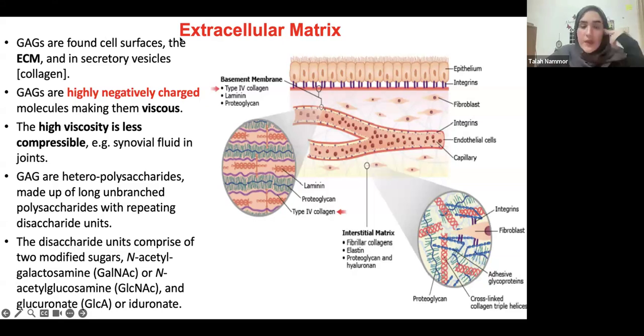They're highly negatively charged. What is the difference between amylase and amylose? Amylase is the enzyme that breaks down amylose. Is it clear? Anything with an -ase, like DNase, breaks down DNA. What else has an -ase? Glucokinase.